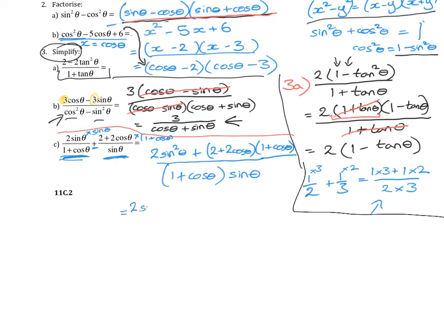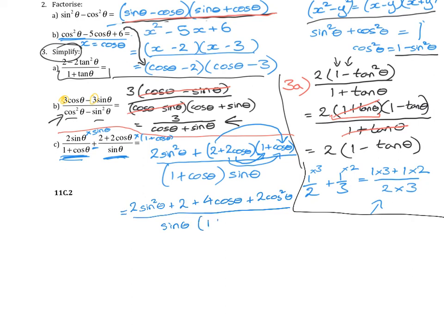So I get 2 sine squared theta plus 2 times 1 is 2, 2 cos theta plus, 2 times cos theta is 2 cos theta, plus 2 cos theta times 1, that's another 2 cos theta, or in other words, I get 4 cos theta plus 2 cos theta times cos theta is 2 cos squared theta, all over. Now I prefer to have the sine theta out front, and then the brackets of 1 plus cos theta.